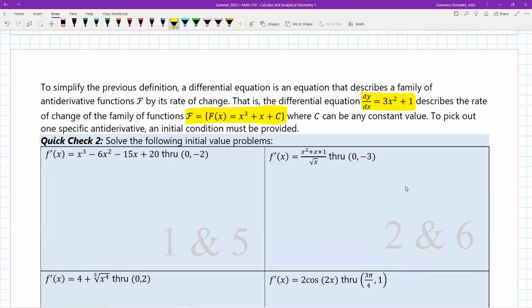And if you take a look, that big F is the general form of the antiderivative of this thing right here, where c can be any constant value. If we want one in particular, then we need to specify an initial condition. We need to specify an initial point, okay?